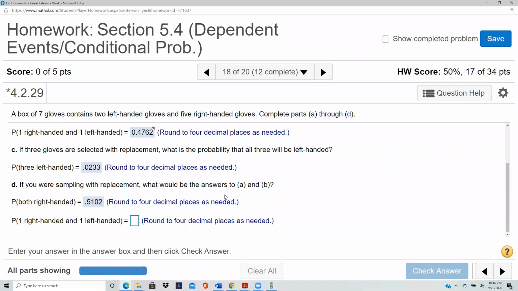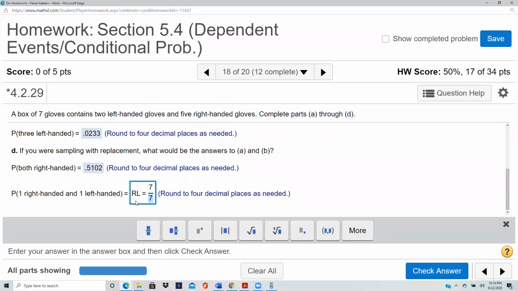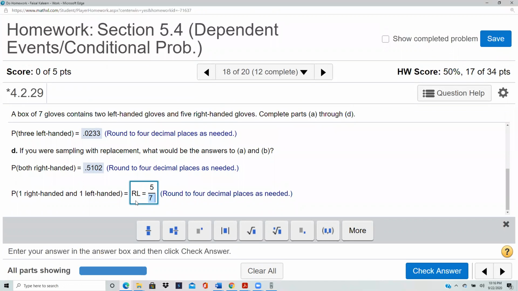One right-handed, one left-handed. First right, second left would be 5 over 7 times 2 over 7. And then you also do first left, second right, which would come out to be the same.